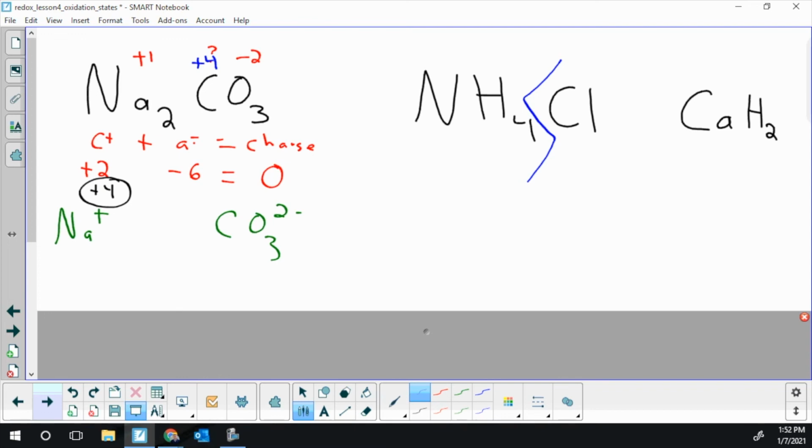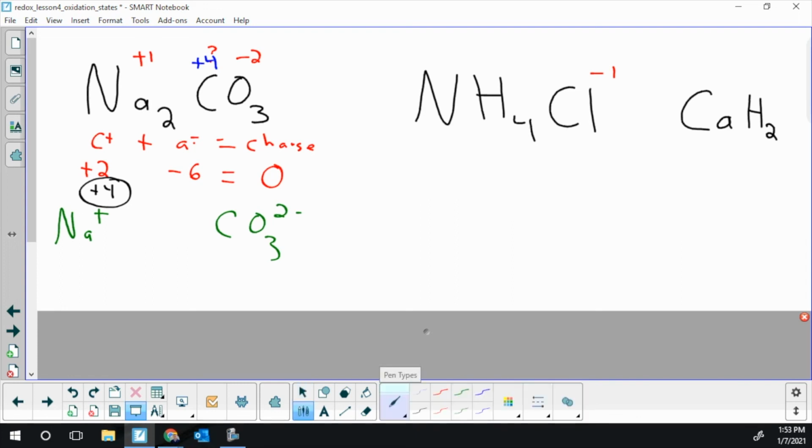We've got a monoatomic ion with the chloride. Chloride is 1-, so we have a -1 oxidation number. Then I can kind of let go or forget about the fact that it's a monatomic ion and just start solving for one missing atom.